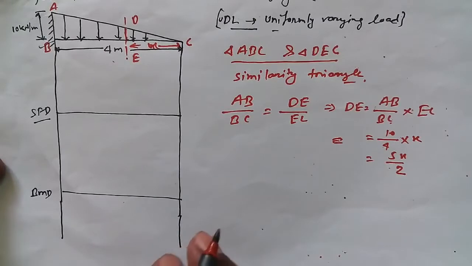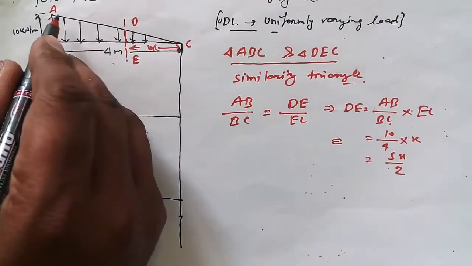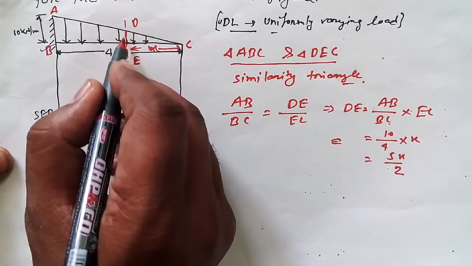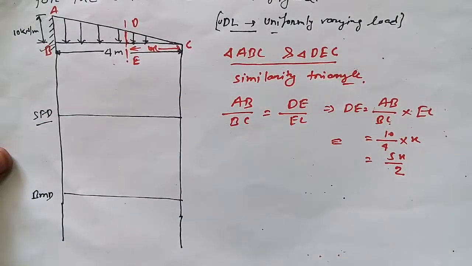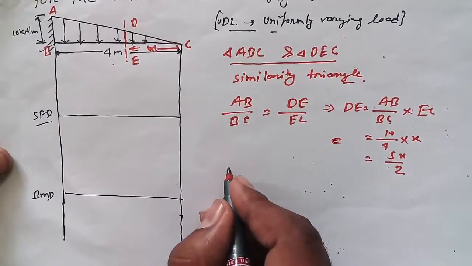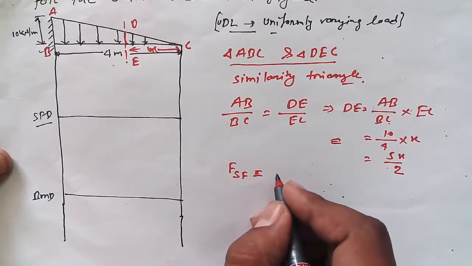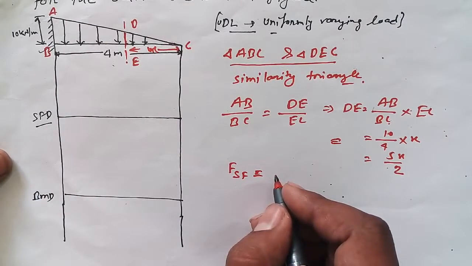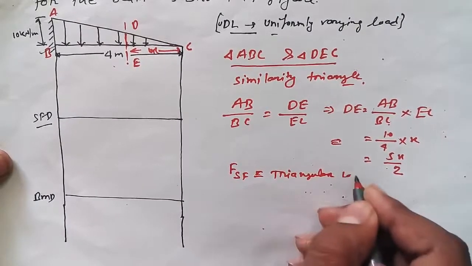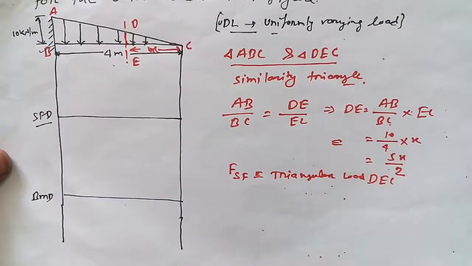Now what is most important is to find the shear force for this triangle. If I say the shear force for this section only, suppose the shear force F is equal to the triangular load, not BDE, it's DEC.